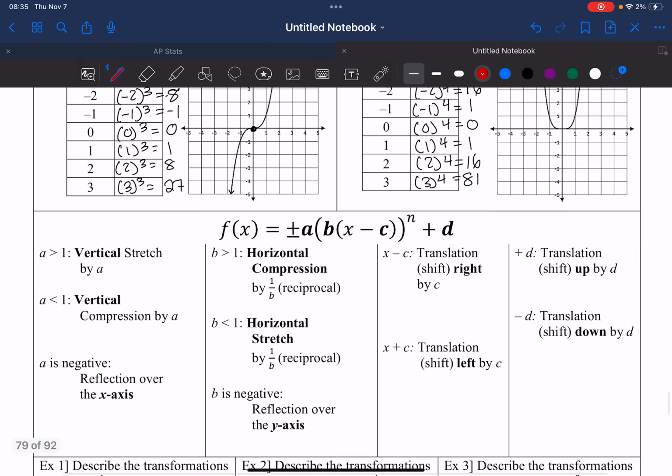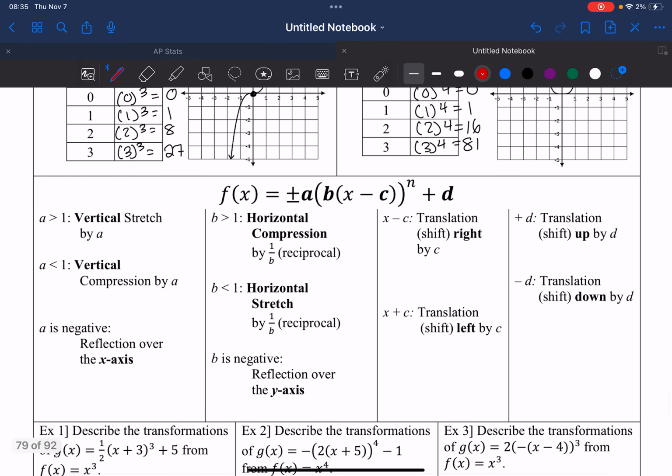Okay, now we're going to look at the rules of transformations, and as we're going through these, you're going to notice that these are the same as when we were doing transformations of quadratics. Okay, so going through A, if A is greater than 1, we say this is a vertical stretch. If A is less than 1, this is a vertical compression.